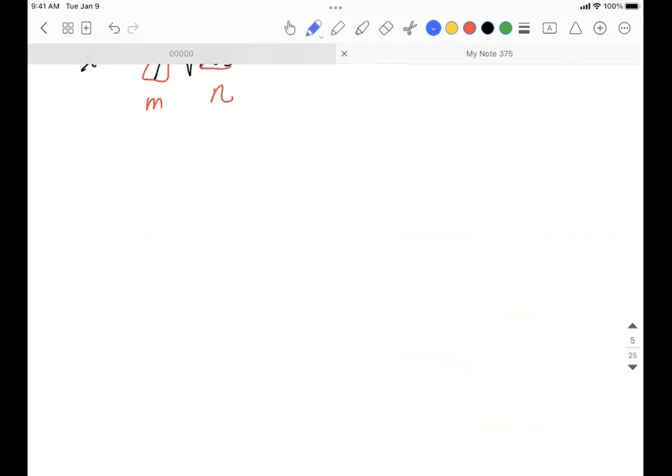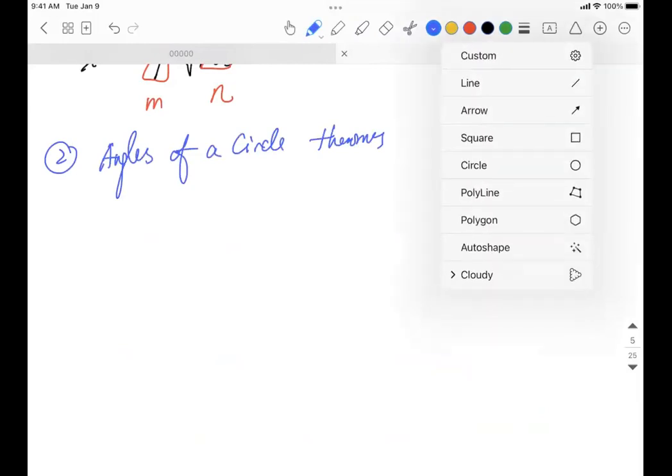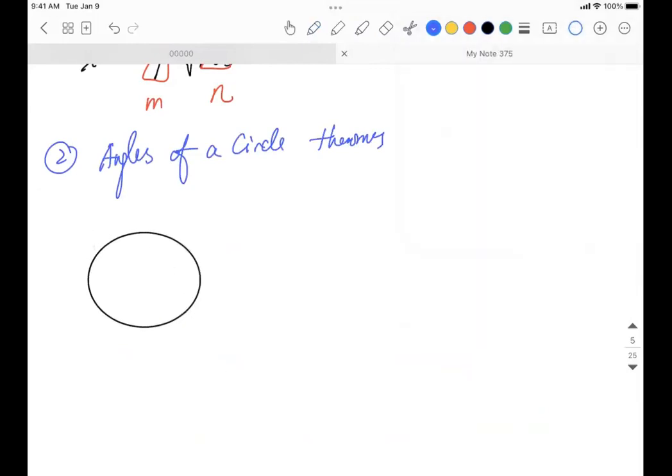Another quick thing I think everyone knows. Let's continue our properties: angles of a circle theorems. We just talked about the arcs, the chord of a circle theorem. Now let's talk about the angle of a circle theorems. Let's do a quick summary so you guys can reference it later.